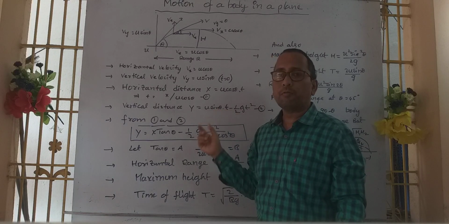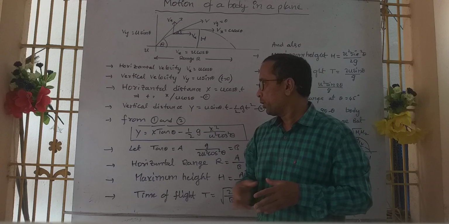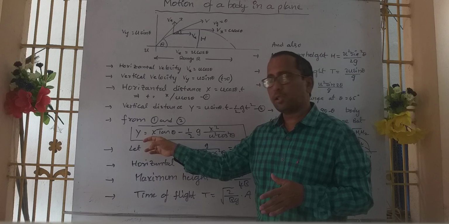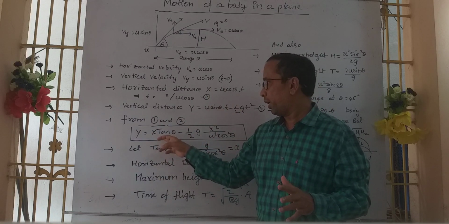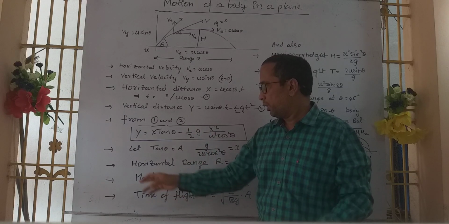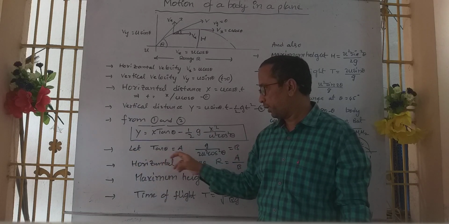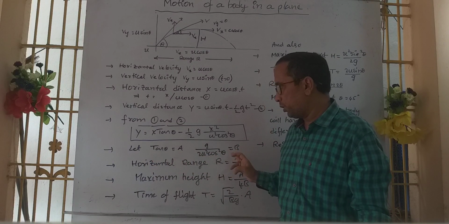This is derived from the formula s is equal to ut plus half at square. Now from 1 and 2 you get this ultimate equation. You have to remember it from the entrance exam point of view: y equals x tan theta minus half g x square by u square cos square theta. There is an assumption: tan theta is equal to a and g by 2u square cos square theta is equal to b.